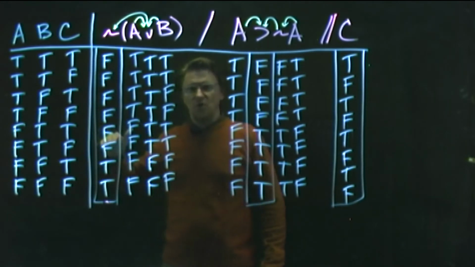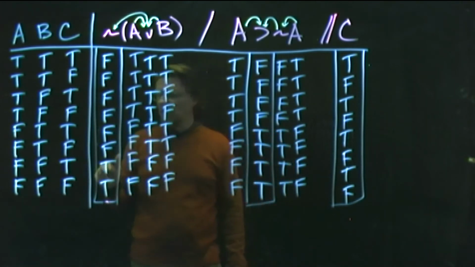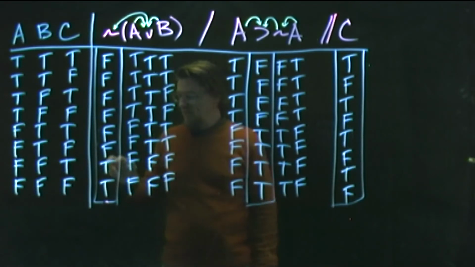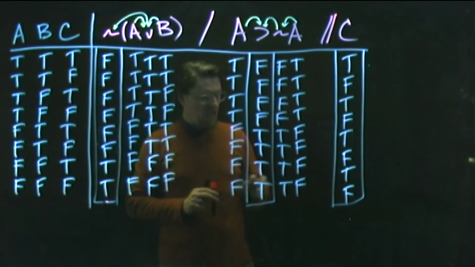None of those rows will be rows where we get all true premises and a false conclusion. So it's only when we get down to the seventh row that things get a little bit more interesting, right? Yes, in the seventh row, we have a true premise, and then we can go ahead and look at the second premise. And what do you know? In the seventh row, the premise is true once again.